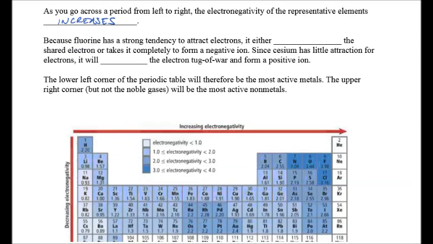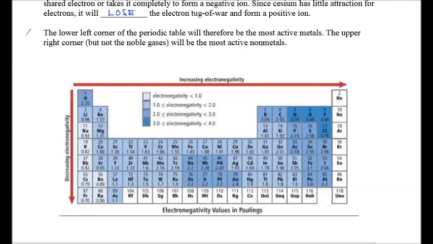Because fluorine has a strong tendency to attract electrons, it will attract the electrons in a bond, or it takes them completely. Cesium has very little attraction for electrons. It has a low electronegativity. It will lose electrons to anything near it.